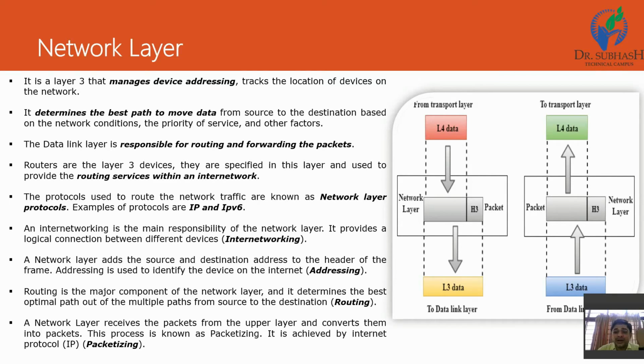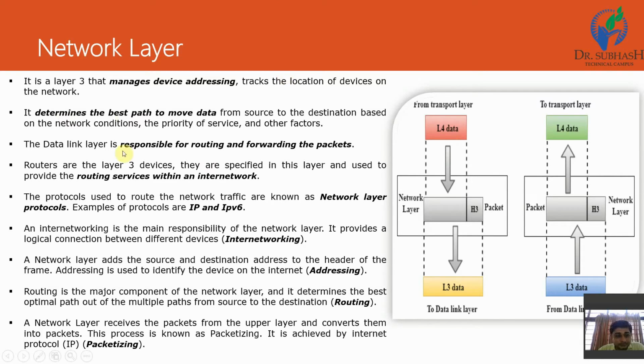So for deciding the best path for transmitting data from one workstation to another workstation, we have to measure all these things. It determines the best path to move data from source to destination based on network conditions, priority of services, and other factors.